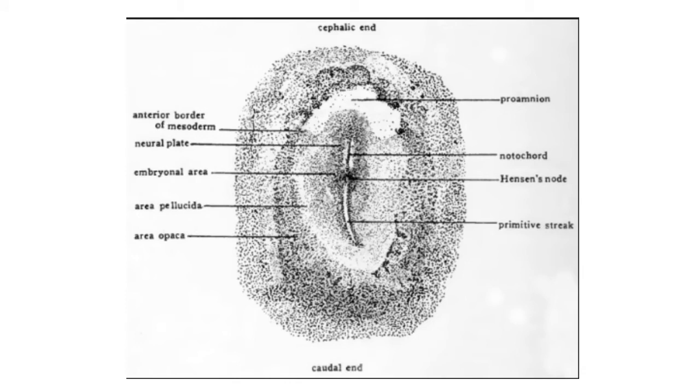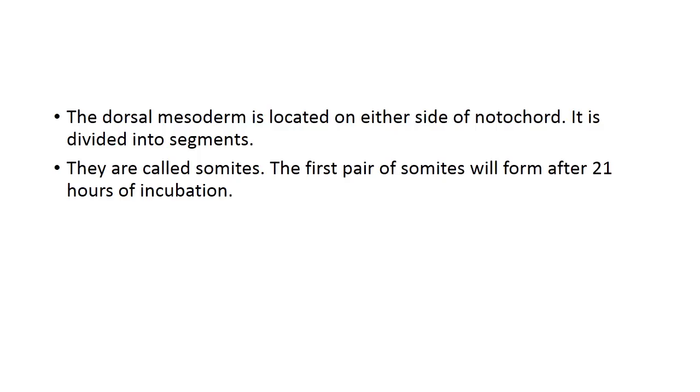From there you have the neural fold, and a neural plate is also present. You can see the notochord. The pro-amnion is free of mesoderm. The area pellucida is clearly visible, and this darkened area is known as the area opaca. So this is the stage at 18 hours. The dorsal mesoderm is located on either side of the notochord.